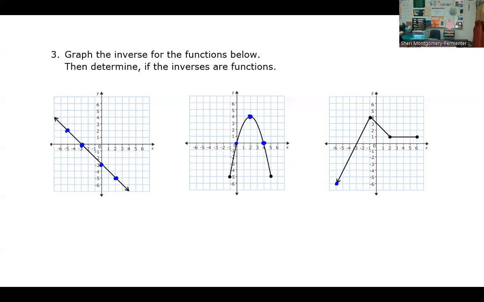So make yourself a table. You could start with -5, 2. And you should make your graphs and then see if your friend gets the same things.